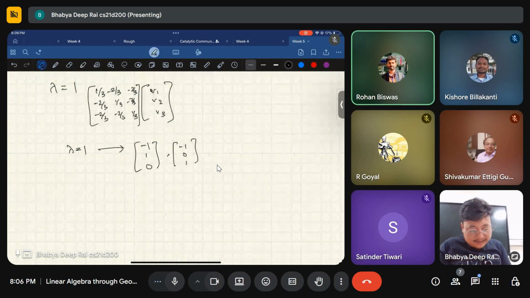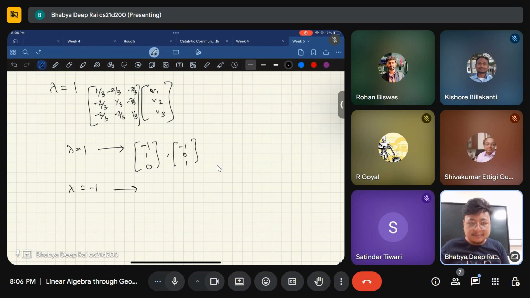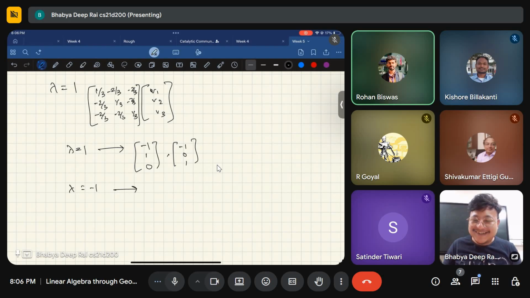And lambda equal to minus 1. I'm finding it. Just give me 30 seconds. Lambda equals minus 1. You should be getting one eigenvector. Yeah, the free variable is 1 only, I think.